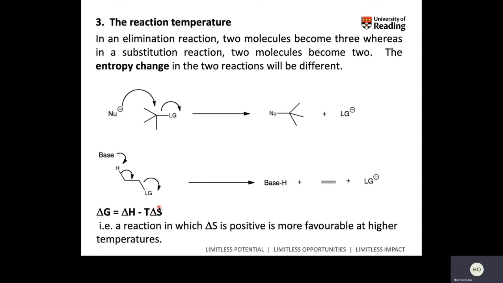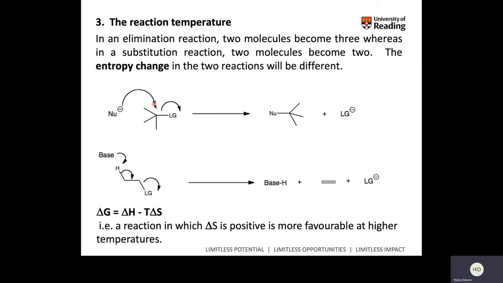So what we can also do is think about the entropy change for the nucleophilic substitution reaction and compare it with the entropy change for an elimination reaction. For entropy change, what we're looking at is the amount of disorder occurring in the reaction. How much chaos, how much disorder are we forming in the reaction? If we look at a substitution reaction, we've got two components on the left-hand side: the nucleophile and the substrate.